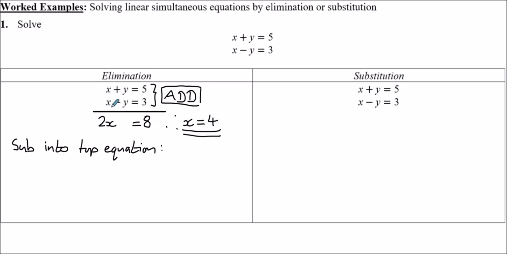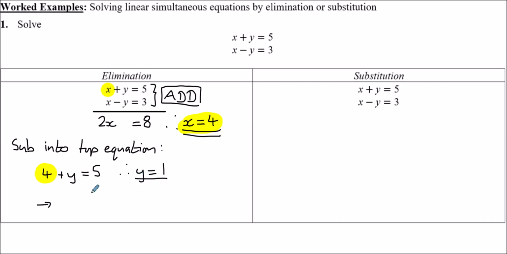The top equation was x plus y equals 5. But now, because we know x equals 4, we can say 4 plus y equals 5. Rearrange that, very simple. Obviously y has to be equal to 1.